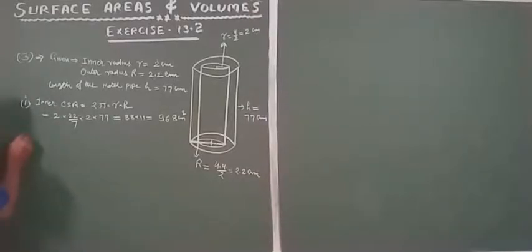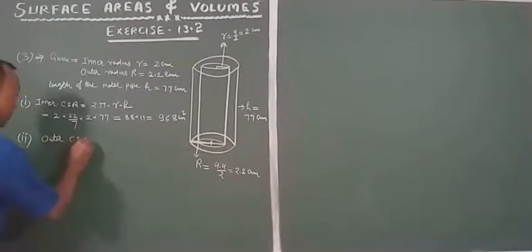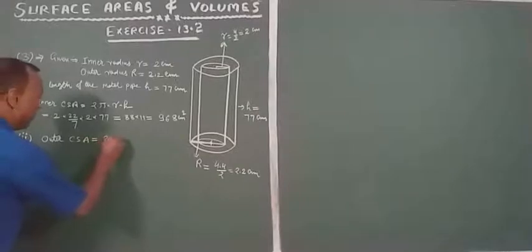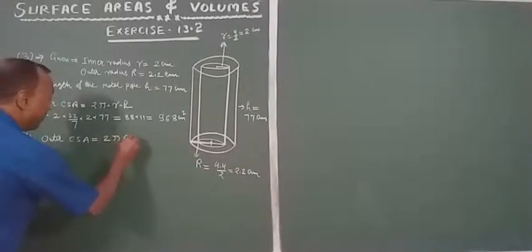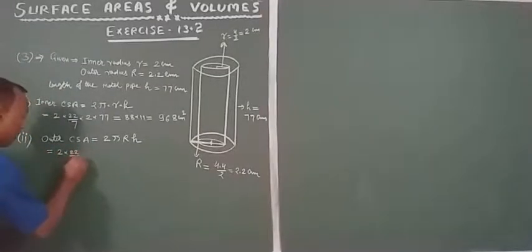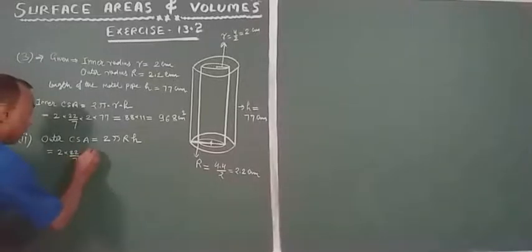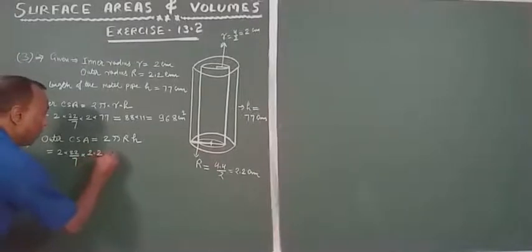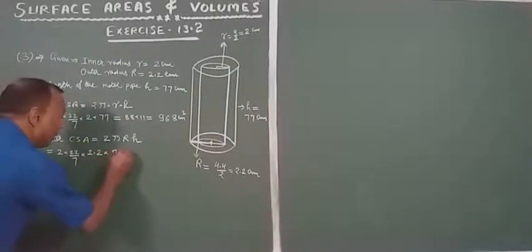Now the second part is the outer curved surface area. The outer curved surface area will be given by 2 pi into capital R into h. Now put all the values: 2 into 22 upon 7 into R, which is 2.2, into 77.